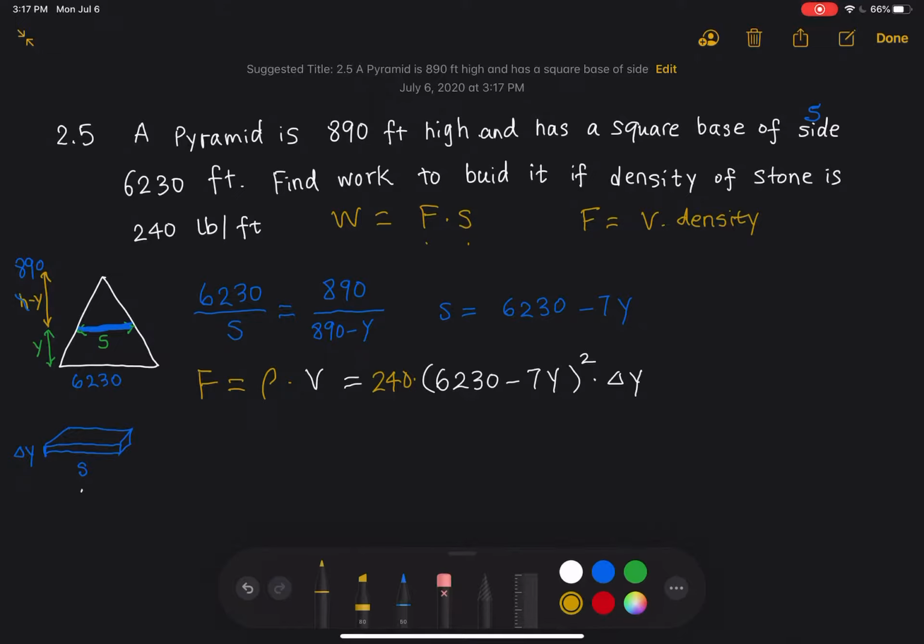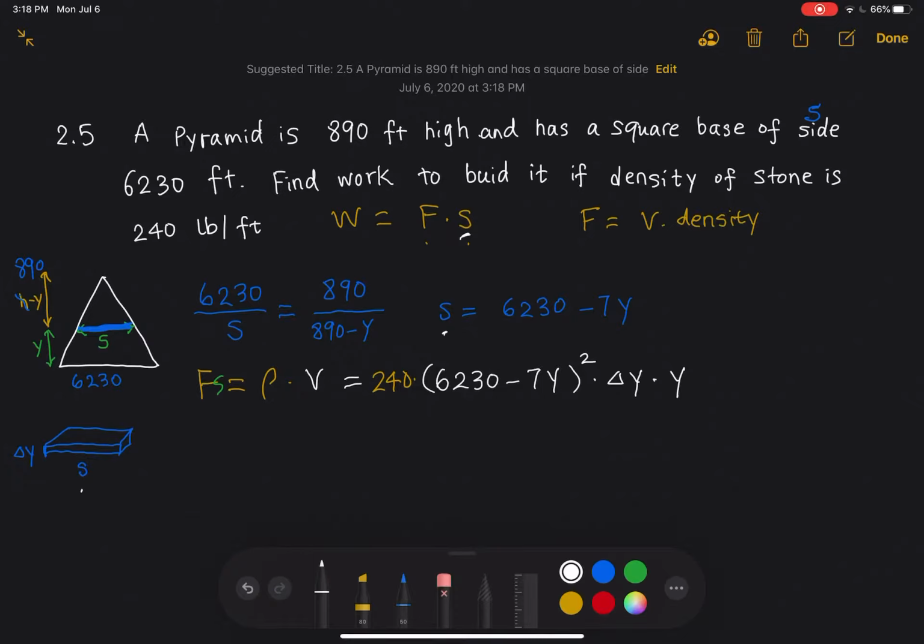Maybe I shouldn't use that S, since this S is different from the side S; here S stands for the distance. When we are talking about the height, the distance in F times S is Y, because we're moving up and down. So this is our F times S.